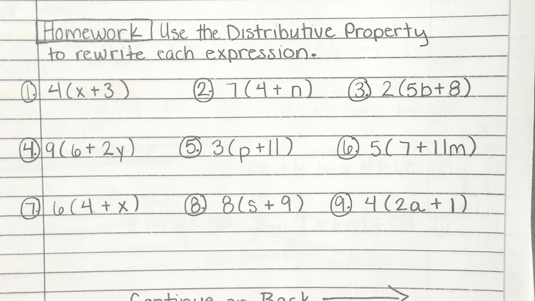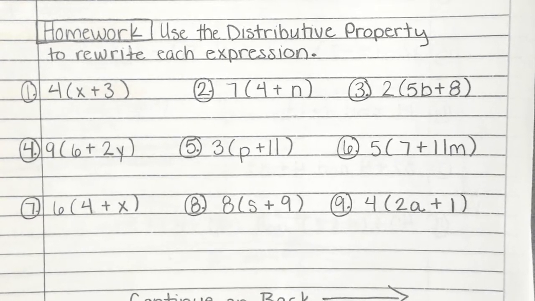4 times x is 4x, plus 4 times 3 is 12. There's not an equal sign. That's written correctly. It's like you did 5 times 45. So here 8 times 3, it would just be plus 24.